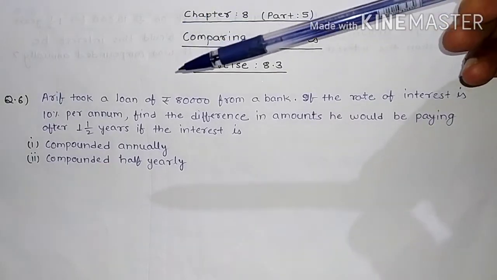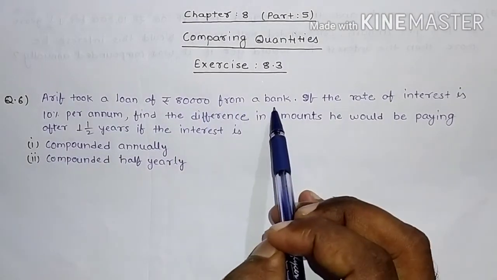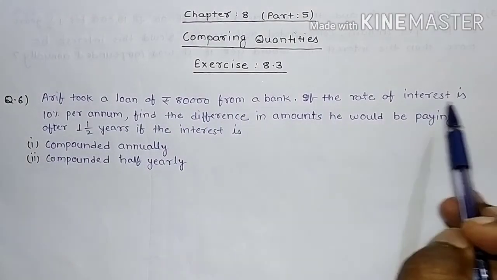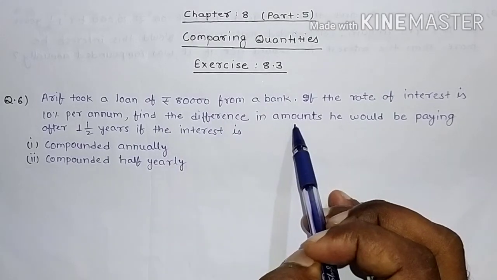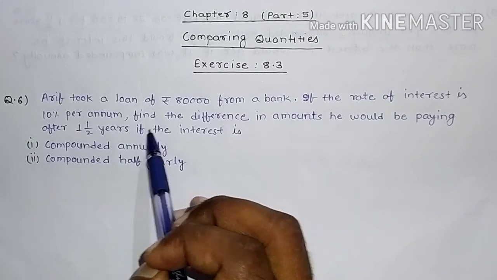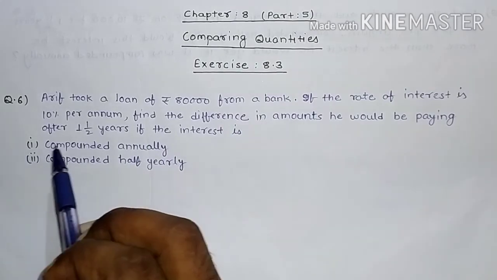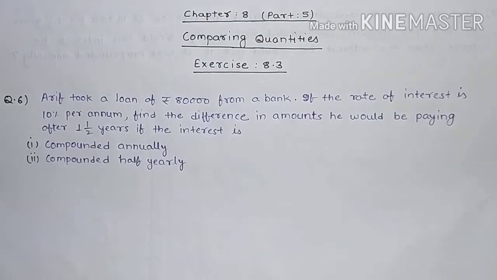Now question number 1. Arif took a loan of rupees 80,000 from a bank. If the rate of interest is 10% per annum, find the difference in amounts he would be paying after 1.5 years if the interest is first compounded annually and second compounded half yearly.